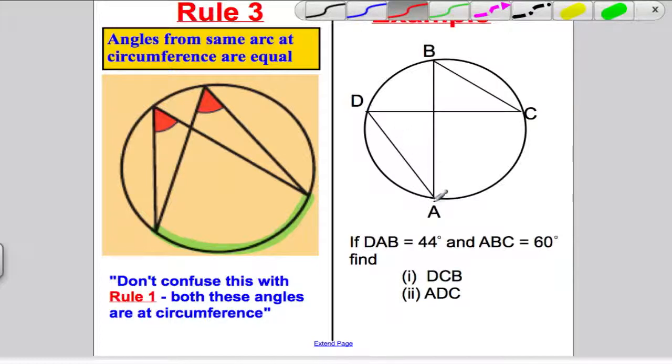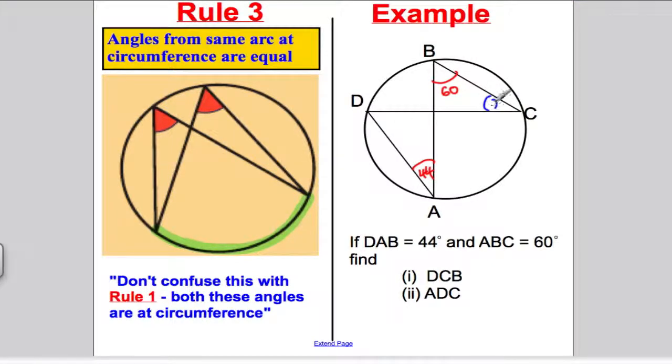D to A to B is 44, and A to B to C is 60. It asks us to find DCB, that one, and it asks us to find ADC, that one. So we've got to find these. Now, obviously, X and Y are either 44 and 60. It's about getting it right.